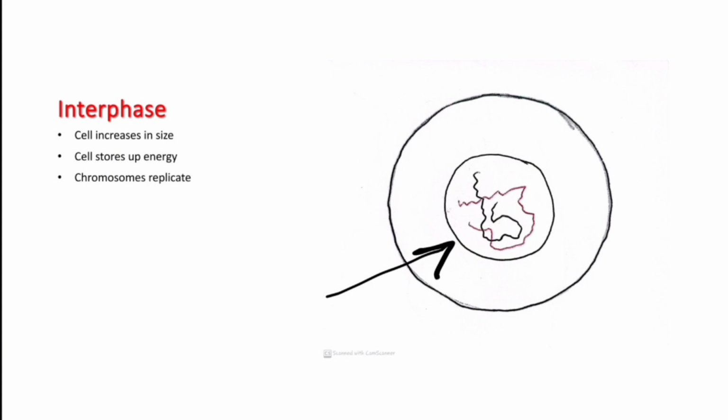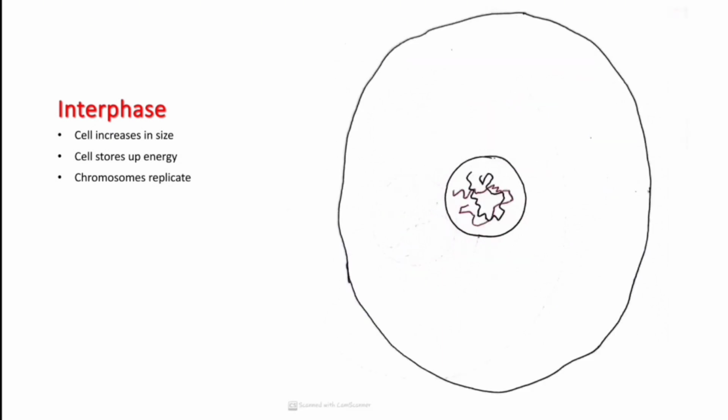What we are saying is that first of all, the cell will increase in size. Now, why does it increase in size? It does so for the new cells to have the exact same size as the original cell.